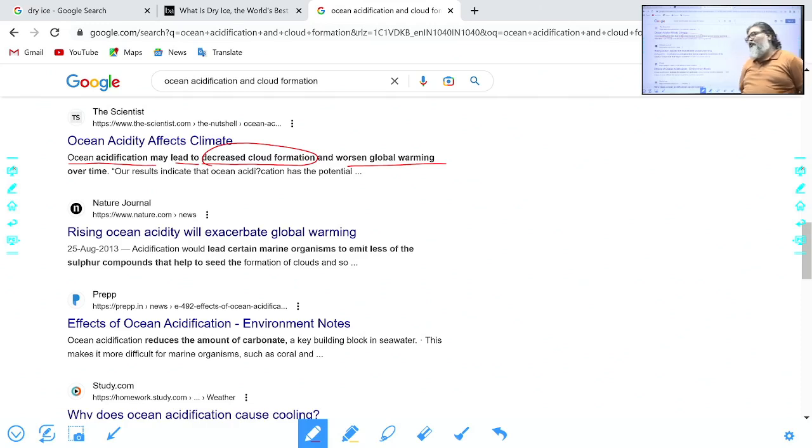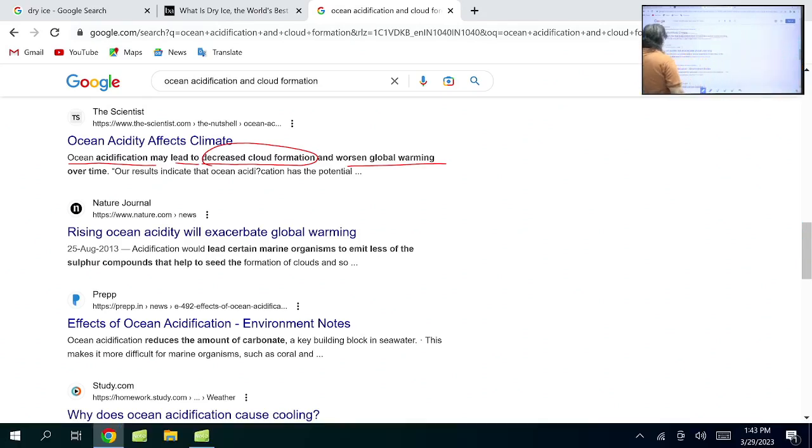It has come in The Hindu, Indian Express, a lot of places. So it is not only an impact on marine life, but overall going to be an impact on the entire global climate. Right, the entire global climate is going to be affected.